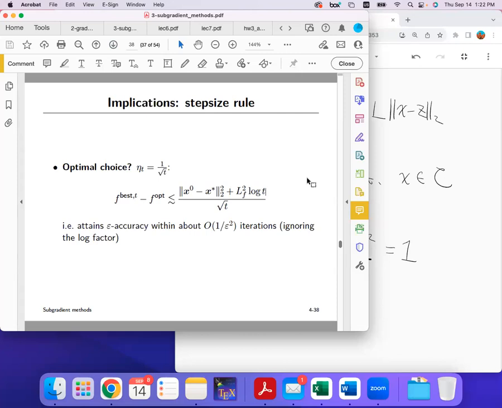And you can see that both of them will diverge to infinity as t goes to infinity, but the denominator is much bigger than log t. Log t is a very small number if t is very big. So asymptotically, this term can be ignored, and the entire term will be dominated by 1 over square root of t.